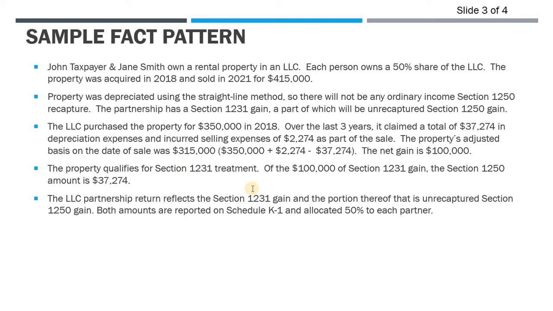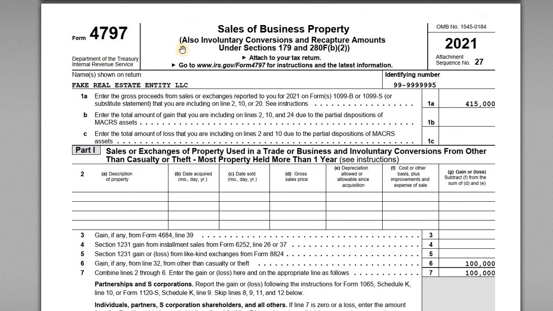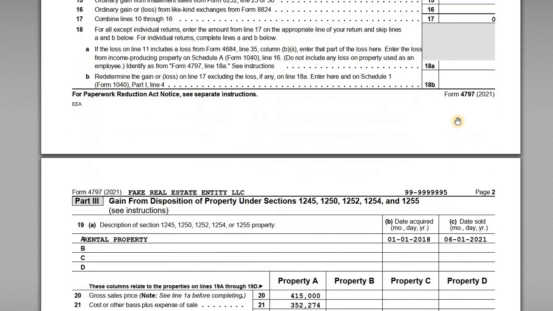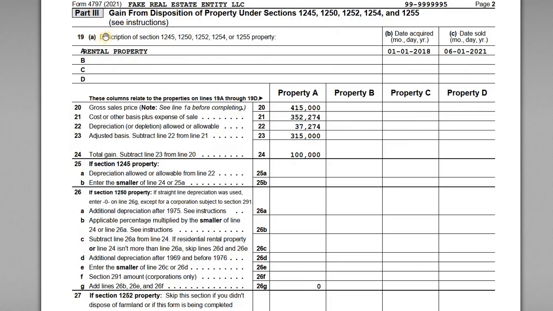Okay, so now let's look at the 1065. We'll go over these numbers once again, and then we'll see how they show up on the K1s for the partners. So let's look at the 4797 here. We've got line 1A, gross proceeds from the sale, $415,000, and the details on the disposition are reported down here in Part 3, gain from the sale of property under 1245, which would be personal; 1250 is the real estate.